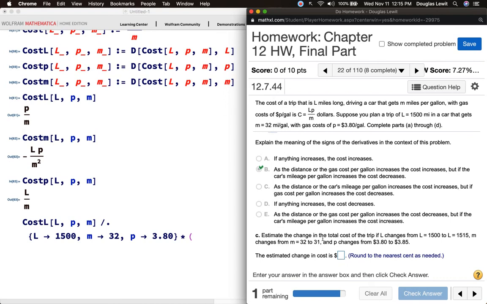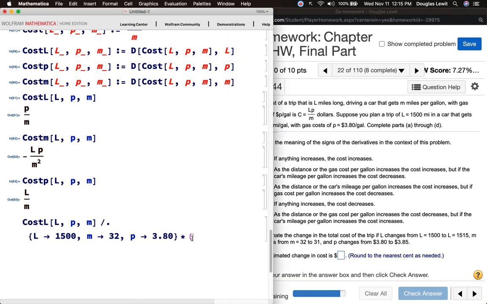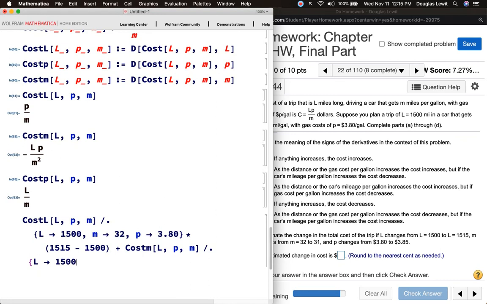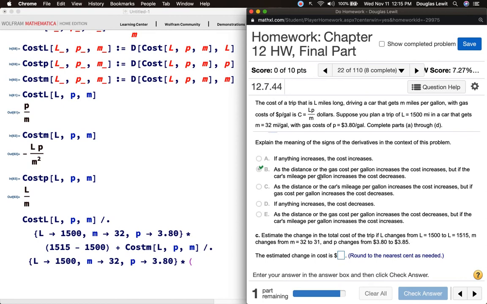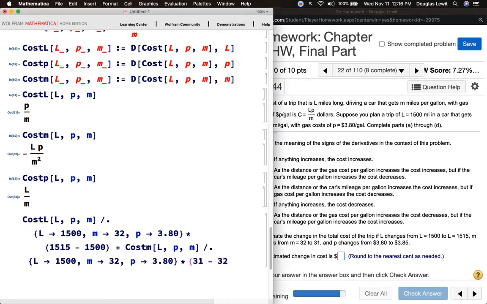So this is going to be 1,515 minus 1,500, plus the partial derivative of the cost with respect to M of L, P, and M, where L is replaced with 1,500, M is replaced with 32, P is replaced with $3.80, times M goes from 32 to 31, so that's 31 minus 32.